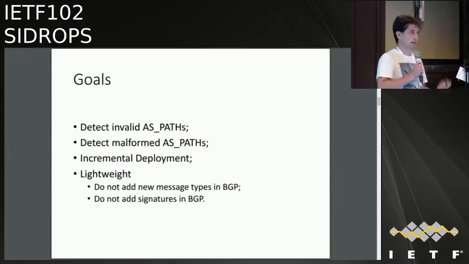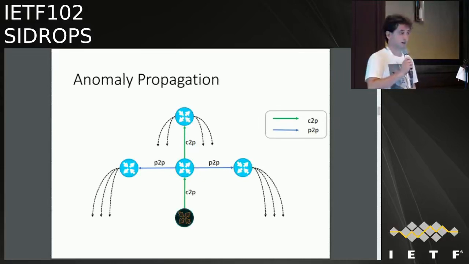And it should be lightweight: there should be no signatures in BGP that must be checked, no new BGP messages, no new address families, and so on. It must be simple to have a chance to be deployed in the near future, because we are already in a world of disaster.